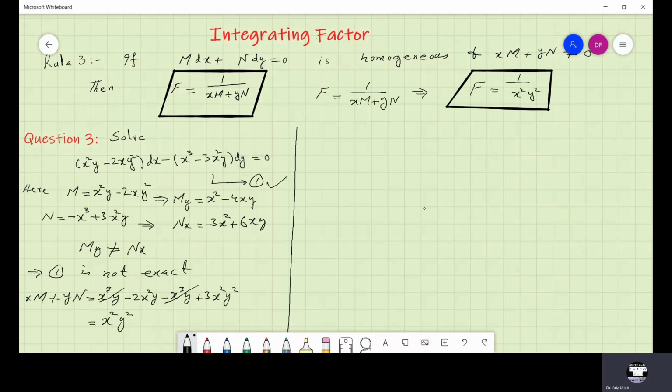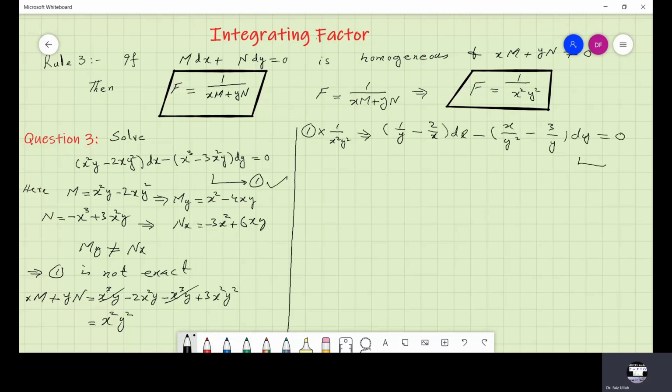Now let us multiply equation 1 with the integrating factor, which is 1 over x square y square. This implies that we get 1 over y minus 2 over x, into dx, minus x over y square minus 3 over y, dy is equal to 0.